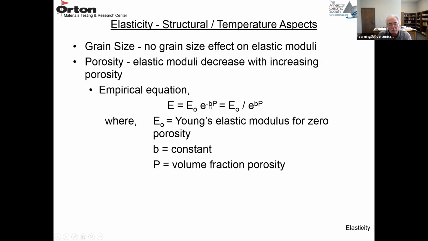Then it's e to the minus b times p. B is a constant, p is the volume fraction of porosity. So E equals E0 divided by e to the bp. And if you increase the porosity p, this denominator gets larger and larger as you increase p. It makes E smaller and smaller. So this is an exponential function, so the modulus drops off relatively quickly as you increase the porosity.